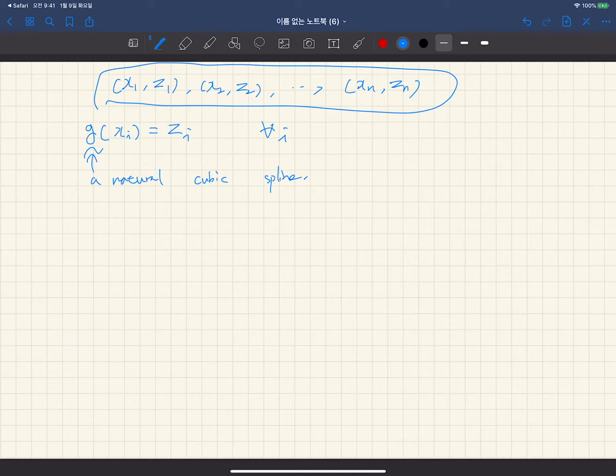And we can uniquely define a natural cubic spline for a given set of pairs. Let's imagine there is another function g tilde that also has g tilde xi equal to zi for all i, but this is not a natural cubic spline.